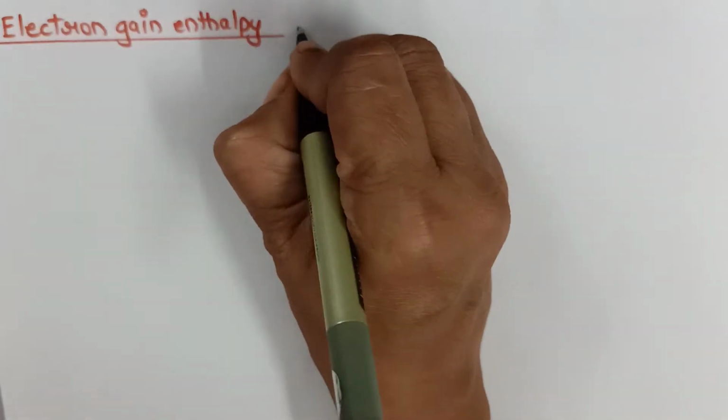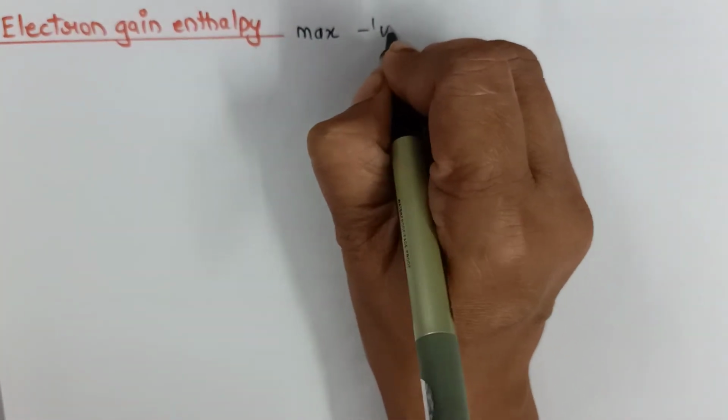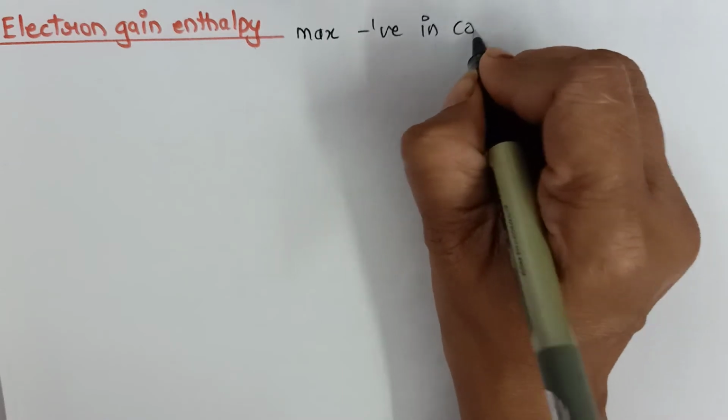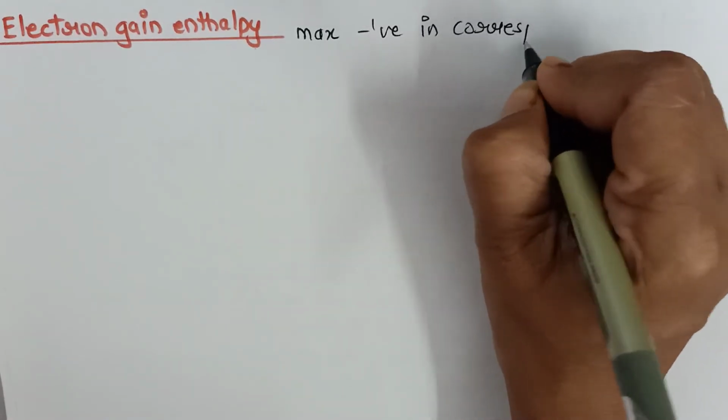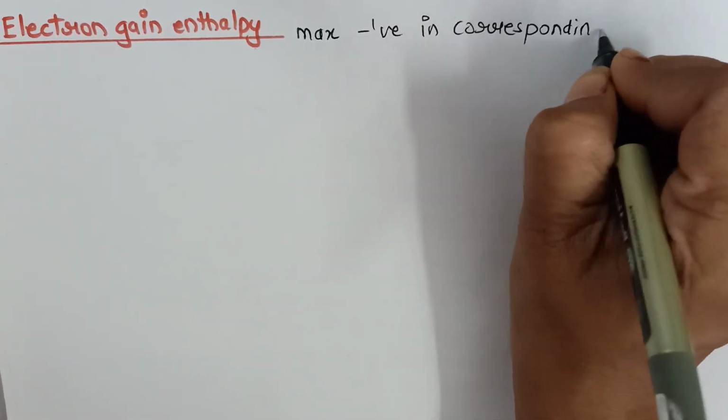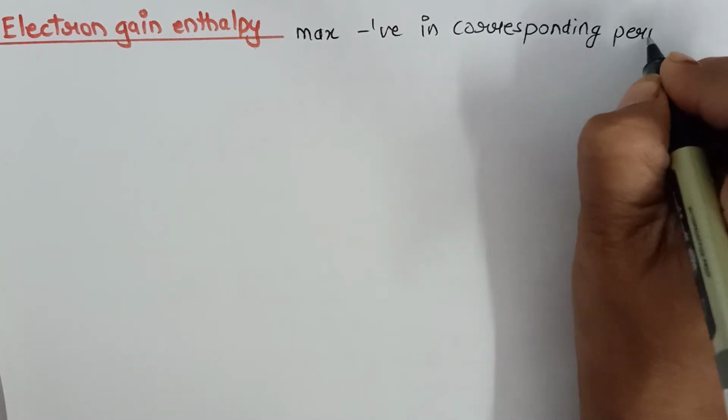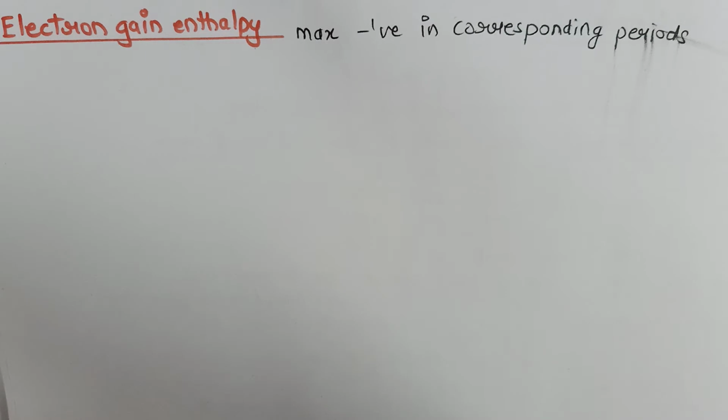As we just discussed, the IP of halogens is very high, but their electron gain enthalpy is maximum negative in their corresponding periods. Maximum negative electron gain enthalpy means they will easily accept an electron.